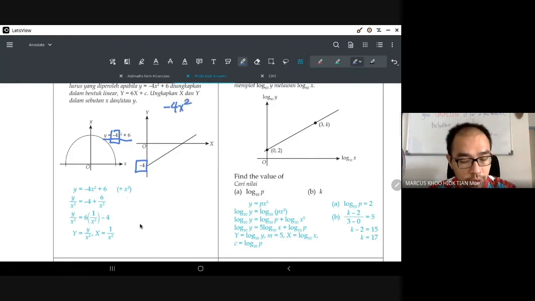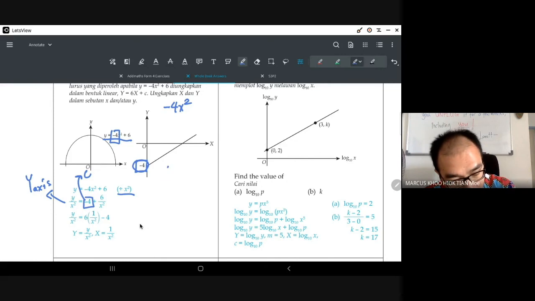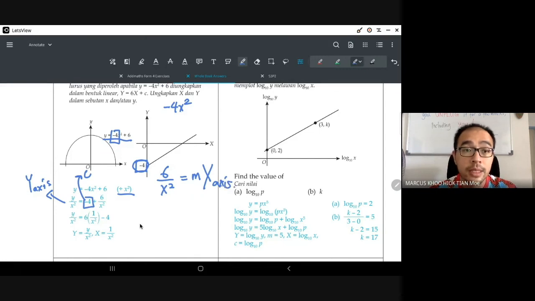You divide everything by x squared. So you get y over x squared equals to negative 4 plus 6 over x squared. So this one becomes our y-axis, and our negative 4, just like this one, is our c. That means our 6 over x squared is actually our x-axis.